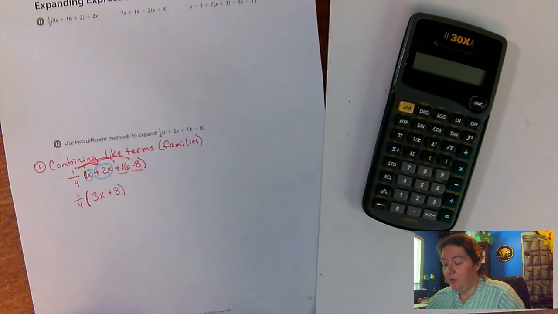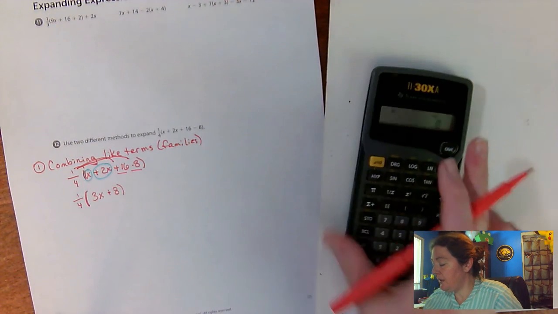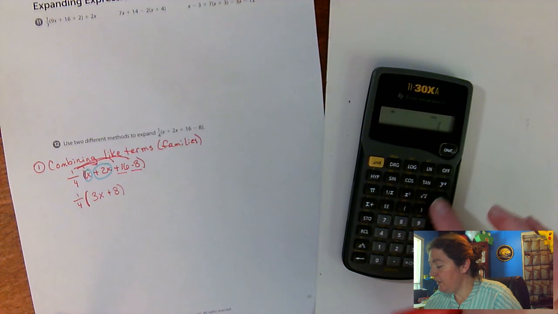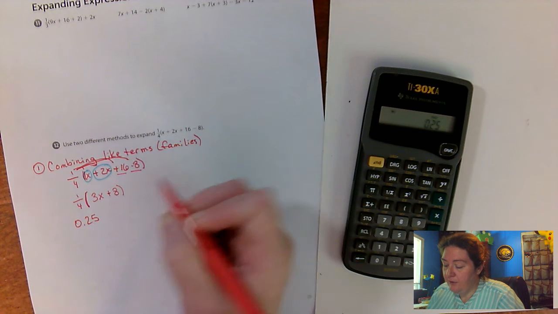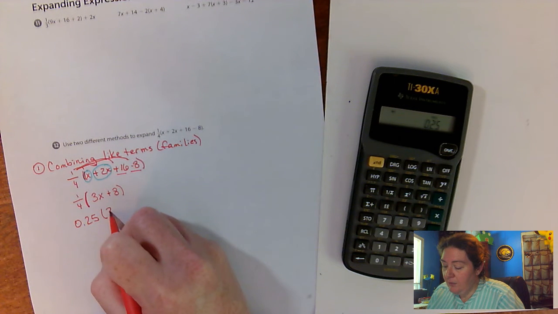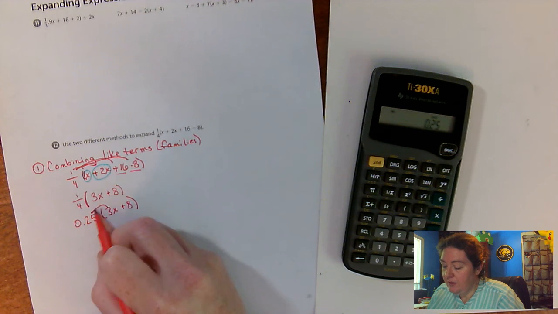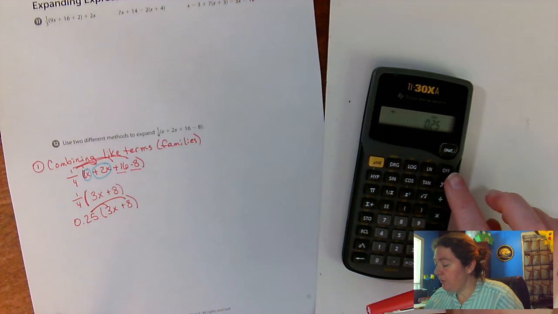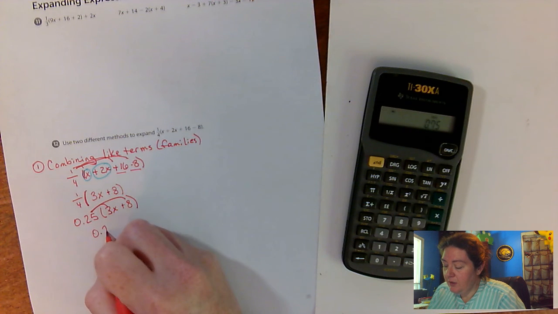So, like we did before, let's change that to a decimal. 1 divided by 4 gives me 0.25. And I'm going to distribute that to everything in here. Steak dinner. 0.25 times 3 gives me 0.75x.